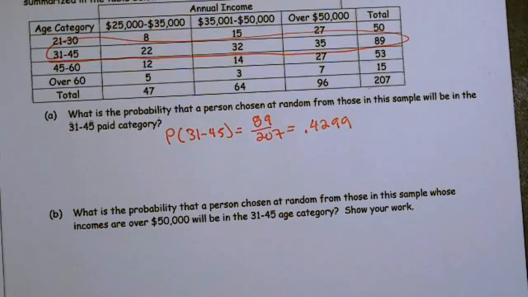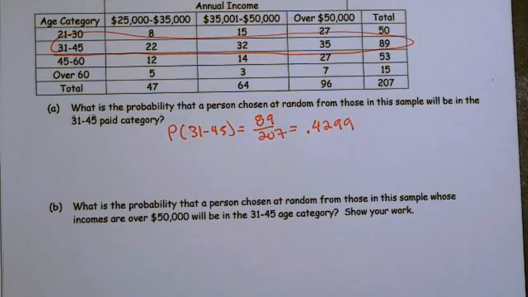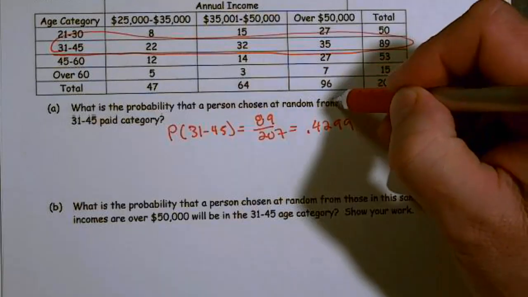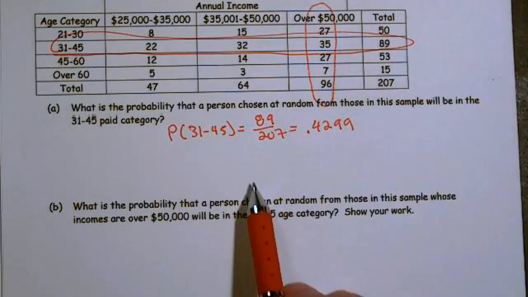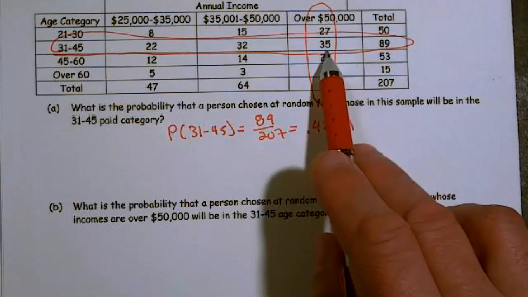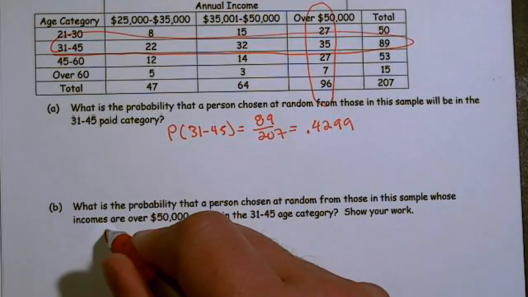The next thing, what is the probability that a person chosen at random from this sample, whose incomes are over 50, will be in the 31 to 45? So we're looking at the over 50 category, and we're looking for that intersection. All right, so here's the way we're going to write this.